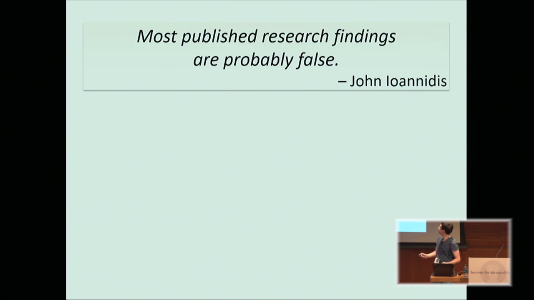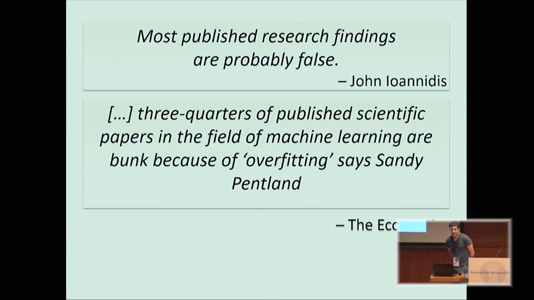John Ioannidis, who was one of the first people to bring this issue into the public psyche, writes that most published research findings are probably false. He's talking specifically about medical research here. Sandy Pentland is quoted in this Economist article as saying that 3/4 of published scientific papers in the field of machine learning are bunk because of overfitting.